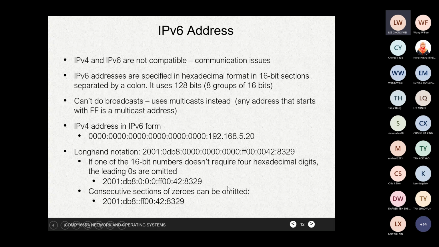This is version 6, all in hexadecimal. So you might not understand unless you convert hexadecimal into binary, 16 bits, and then convert back into decimal. So the address will be quite confusing if you look at it.